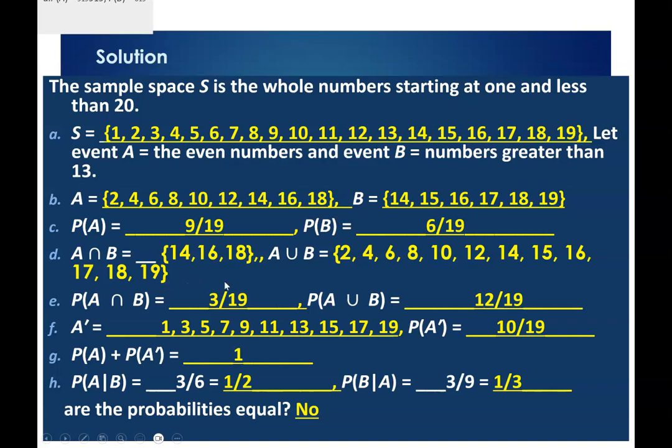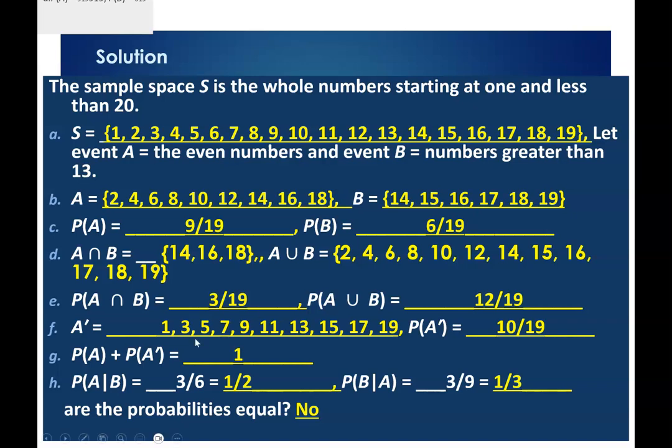For A intersect B, we would have 3 out of the total. Remember, our total is 19 for set S, the sample space. 3/19. For the union, we end up with 12 elements out of 19, 12/19.